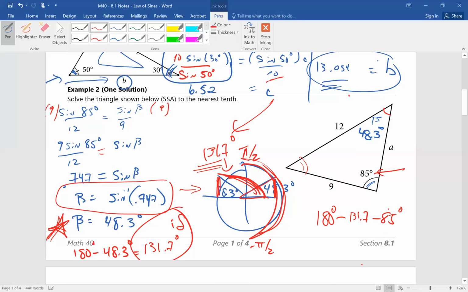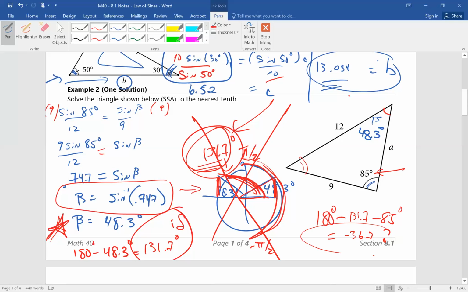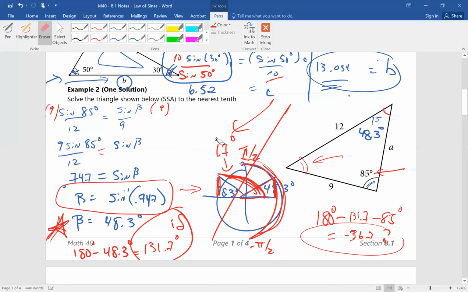And if you were to do that, you're going to get something like negative 36.7. It just doesn't work. So because the other option doesn't work, we're going to strike it. Get it? Because this, if it were possible, will give you a negative, and I guess it didn't come out that well, a negative angle for here. The whole thing gets tossed out and you don't have to consider it anymore.